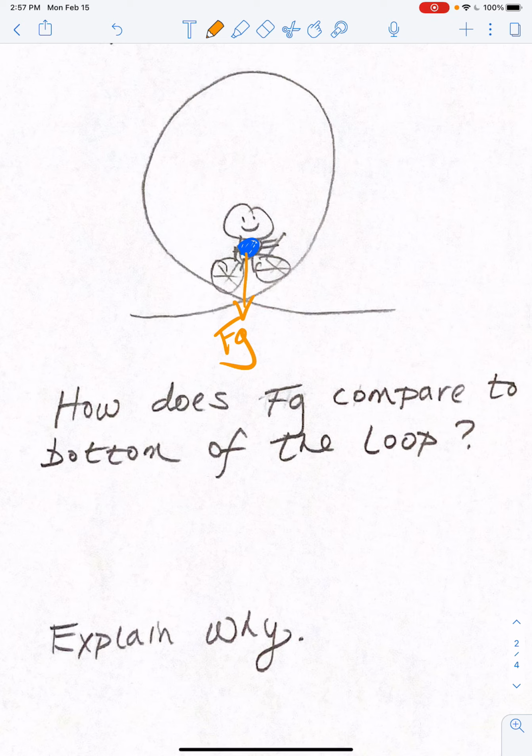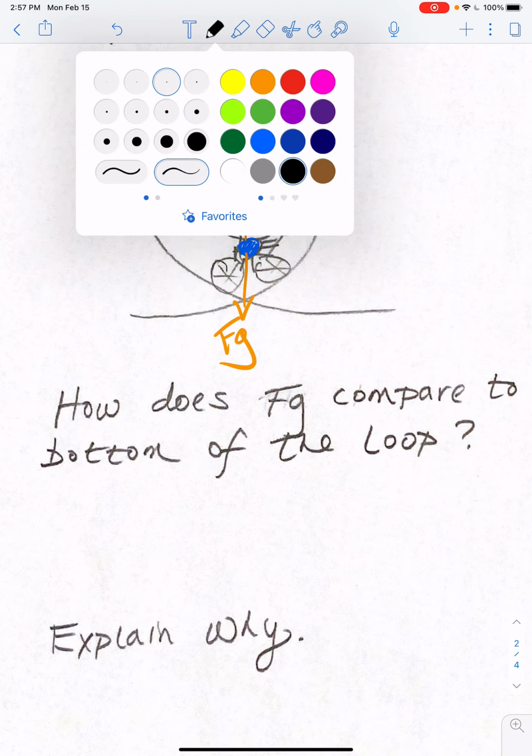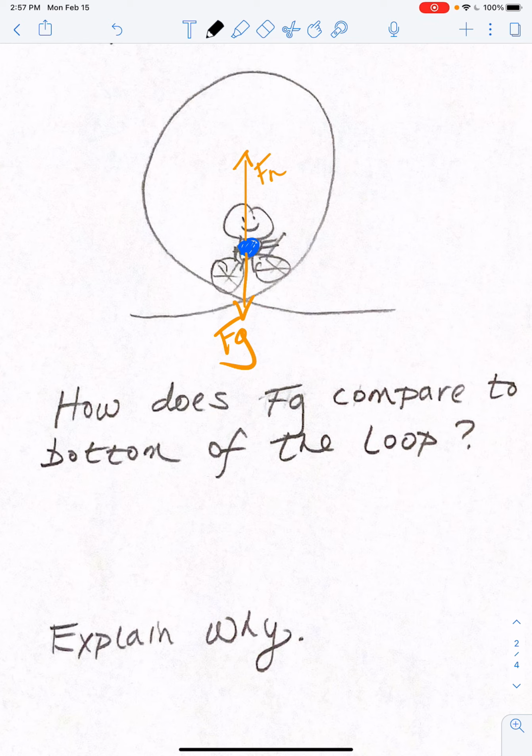But the normal force is going to have to be larger than force gravity. So it cannot be 0. The reason is that when you're at the bottom, in circular motion, you need F net to point into the center, and therefore A net is into the center. And this will cause you to turn into the circle.